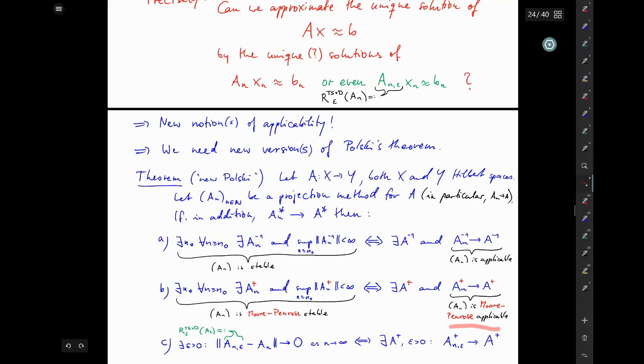So it's good to have the convergence of these pseudo-inverses here, just like we mentioned here. Okay, excellent.